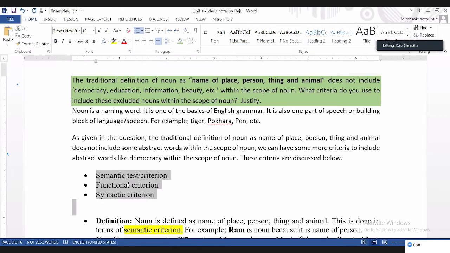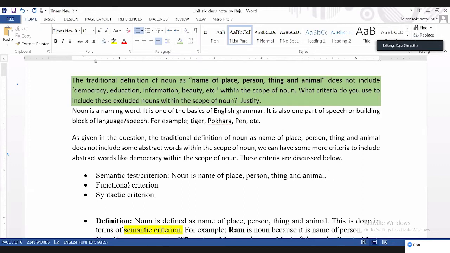We talk now, say it simply. According to our semantic definition, noun is name of place, person, thing and animal.